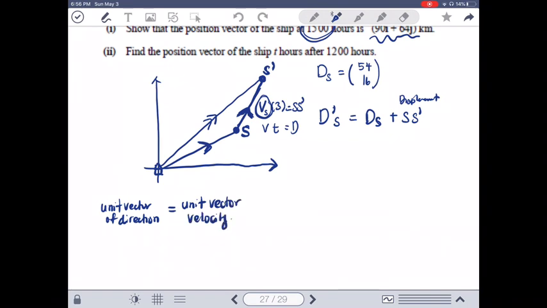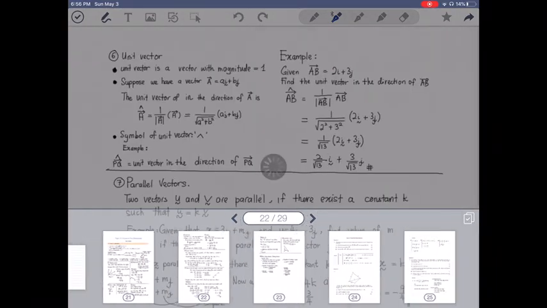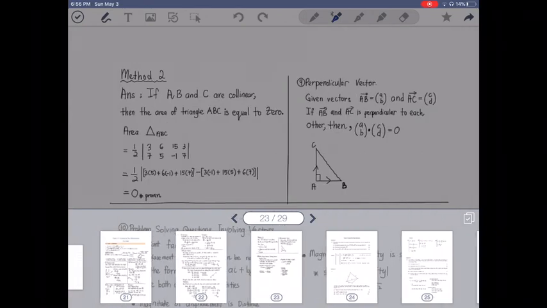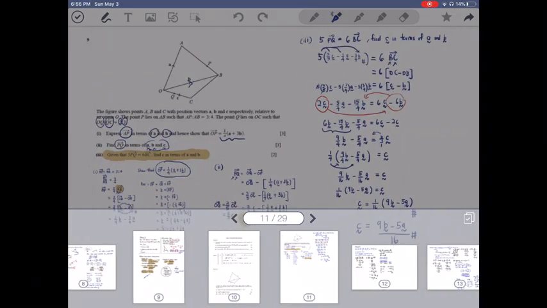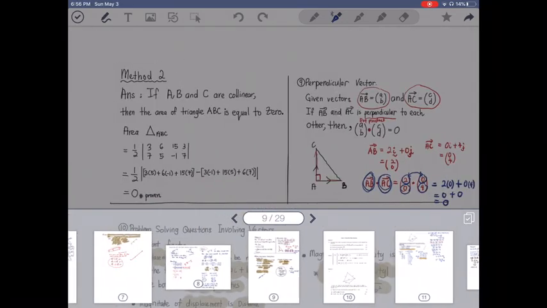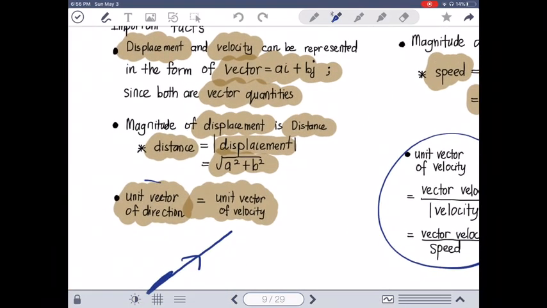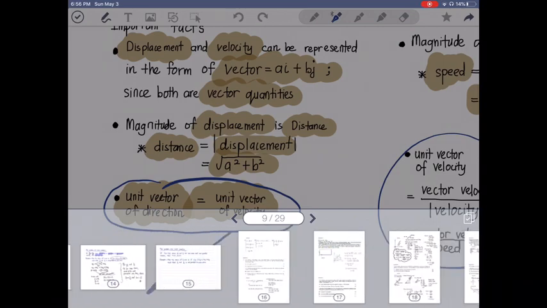And I think I did mention it previously, in the first part of the video, that the unit vector of direction is just equal to the unit vector of velocity.